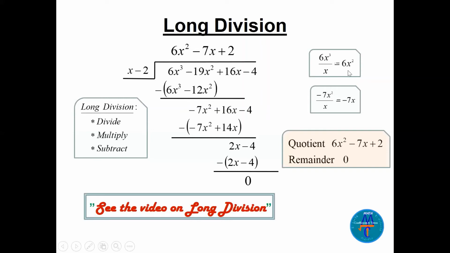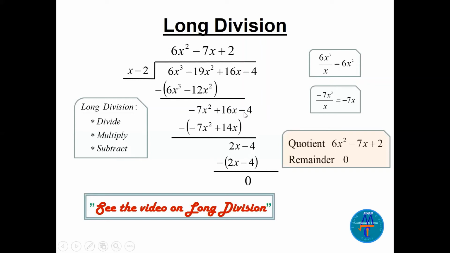So I get 6x squared. That's the first part in the quotient. Then I multiply 6x squared times x, and 6x squared times 2. Then I subtract. So you divide first, then you multiply, then you subtract. That's a long division. And then you continue.